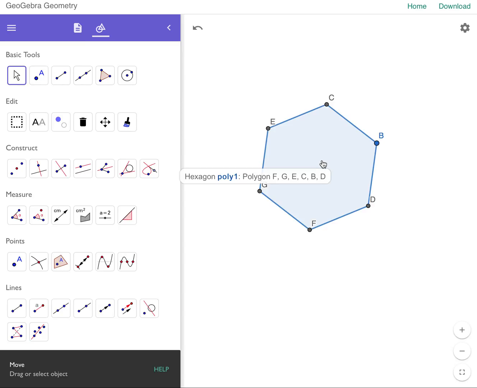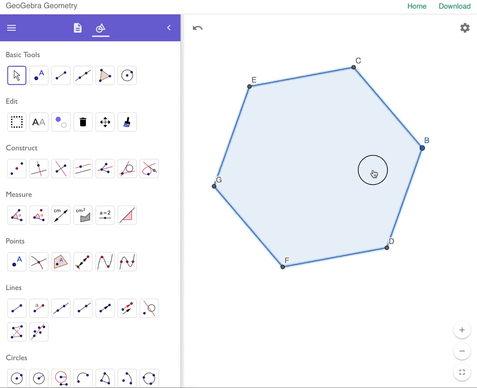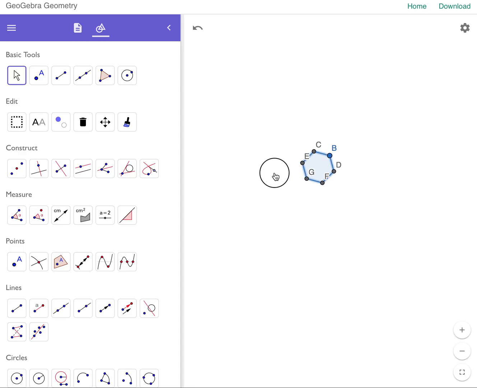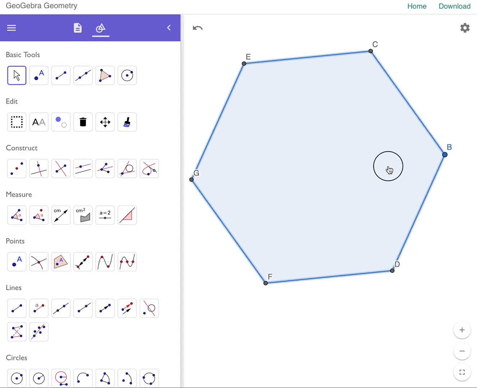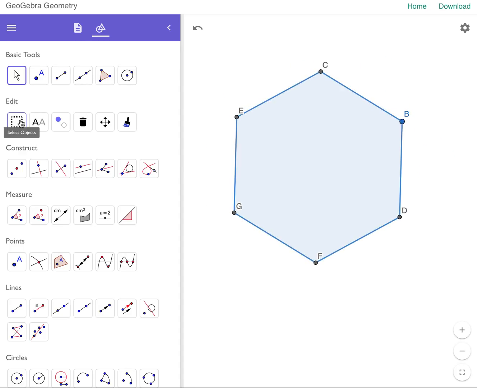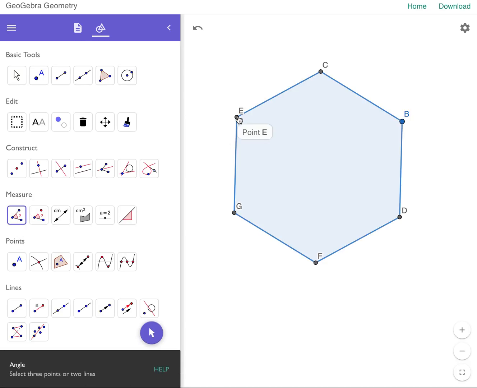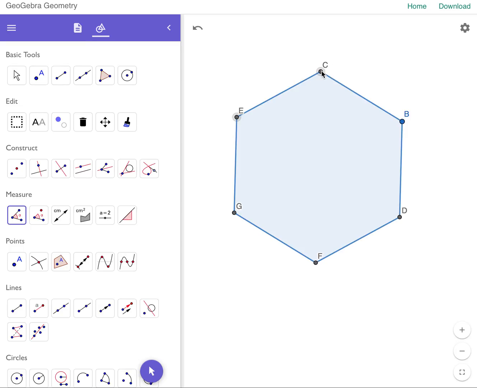Now, notice that we can move the hexagon so that it's larger or smaller. I'm going to make it like that so that I can have room to measure the angles. I'm going to measure this angle here, and it is 120 degrees. That means all the other interior angles should be 120 degrees as well.